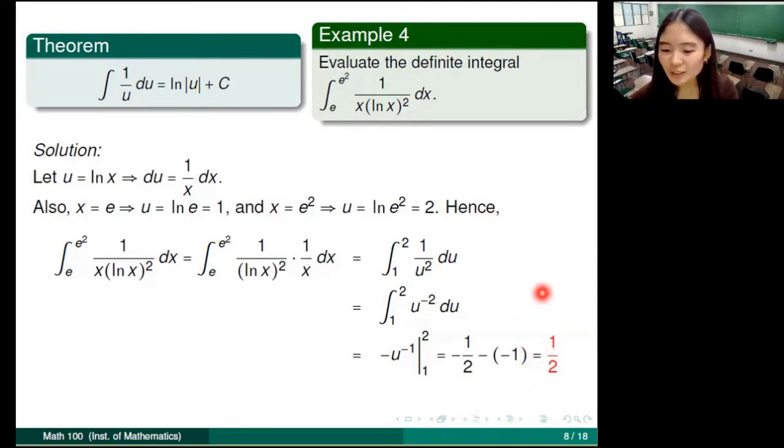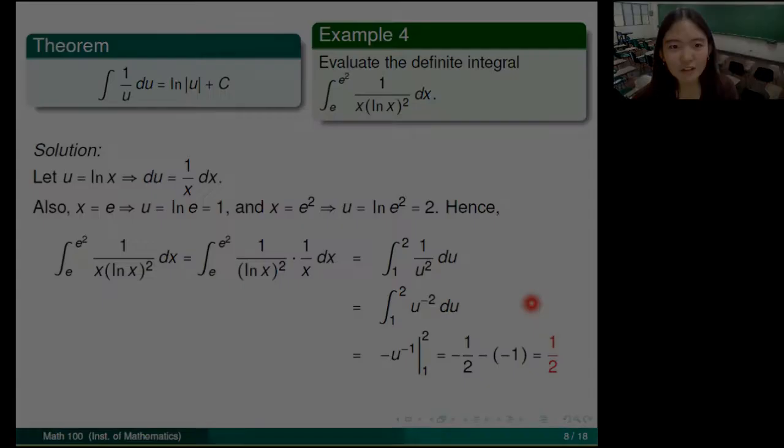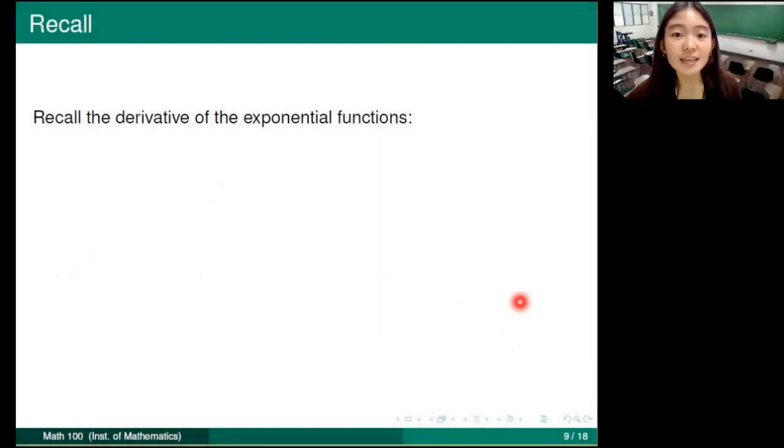Let's proceed ngayon. So tapos na tayo sa natural logarithmic function. Let's go now to the exponential function. So let's see. Recall natin ang derivative muna ng e raised to x. Special tong e raised to x kasi in fact, ang derivative niya ay sarili lamang niya, e raised to x.